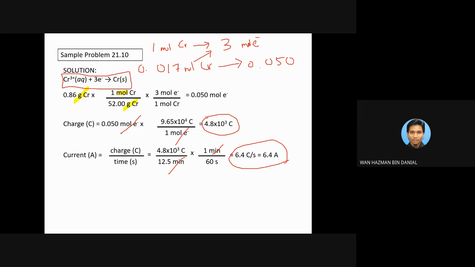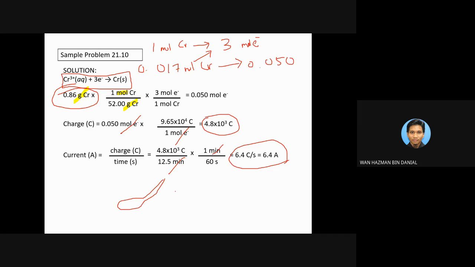So meaning in these reactions, they use 6.4 ampere of current for 12.5 minutes to get this amount of chromium, which sticks onto something like a spoon, since they want to plate it with chromium.